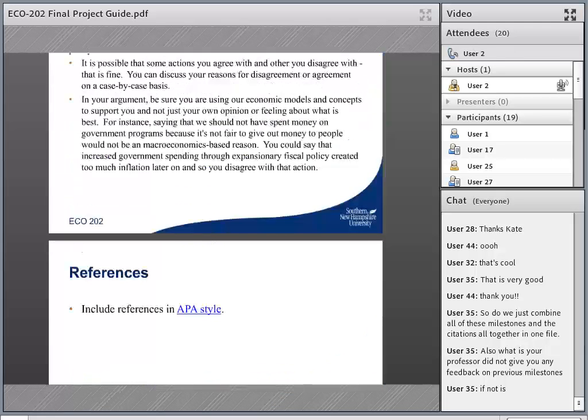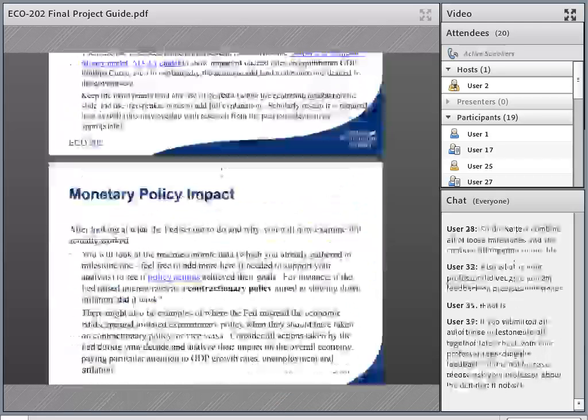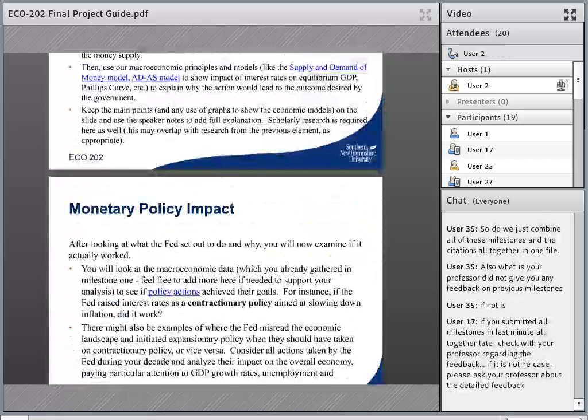But your reference list, which I'll skip down to since you asked about it: if your milestone 1 had a couple of references, and milestone 2 had some different references, and milestone 3 a few different references, you're going to want to bring them all together.